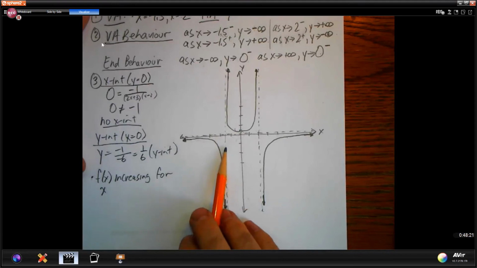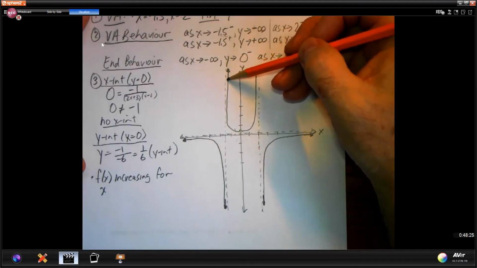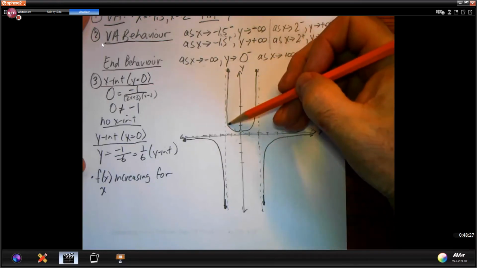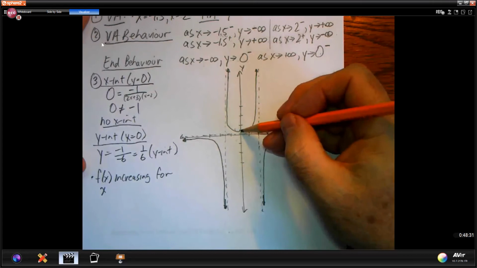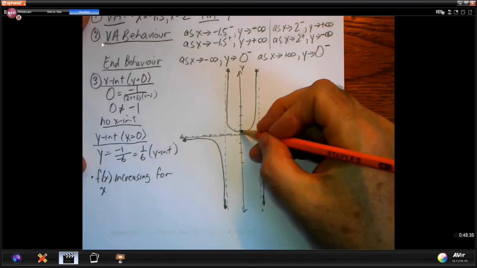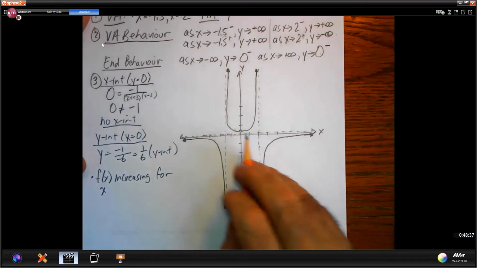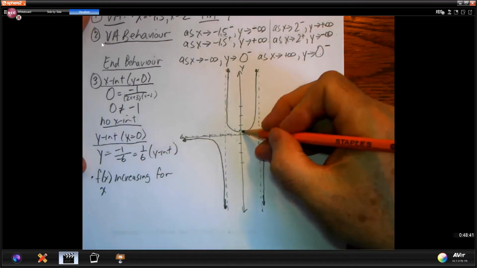As soon as I cross this asymptote, I'm starting way up here. And you can very easily see as I go left to right, I'm coming down, at least for this first part. And then we start increasing from, again, that point I just told you about. Okay, so I think we actually will need that.